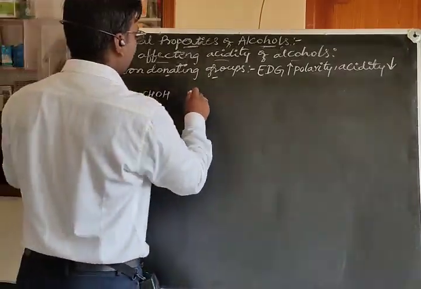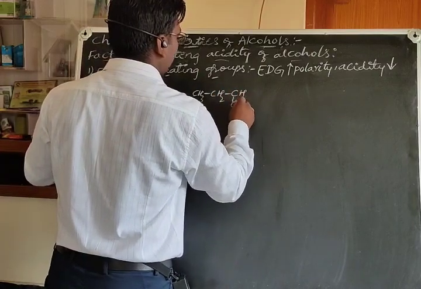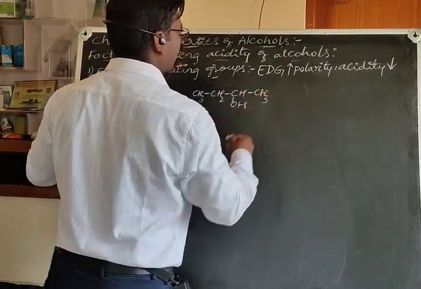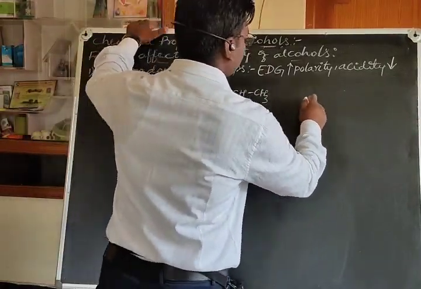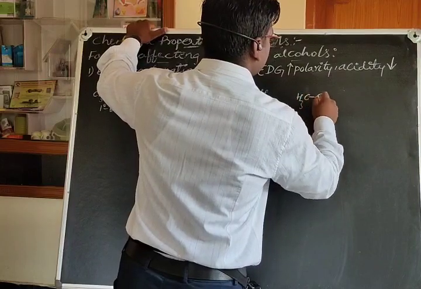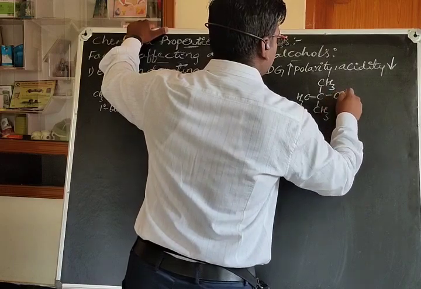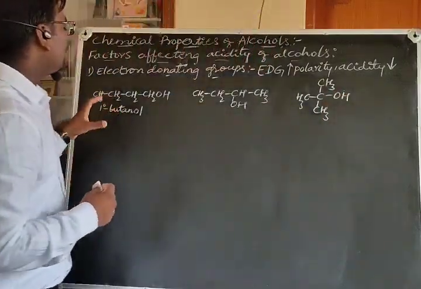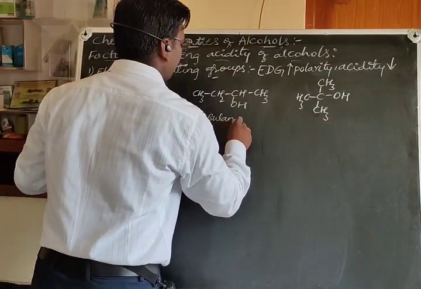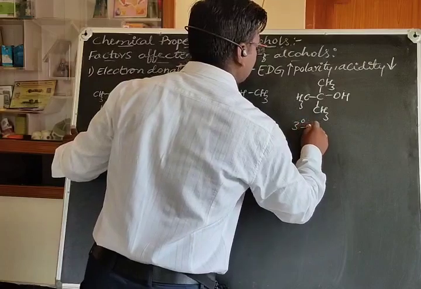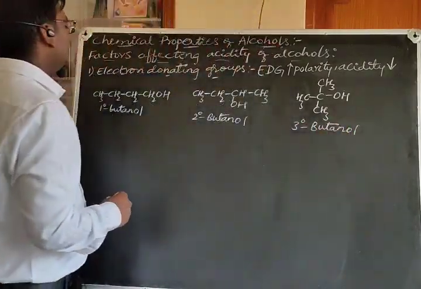Take the secondary butanol, CH3CH2CH(OH)CH3, and take the tertiary butanol, for example (CH3)3C-OH. These are all isomers of butanol.